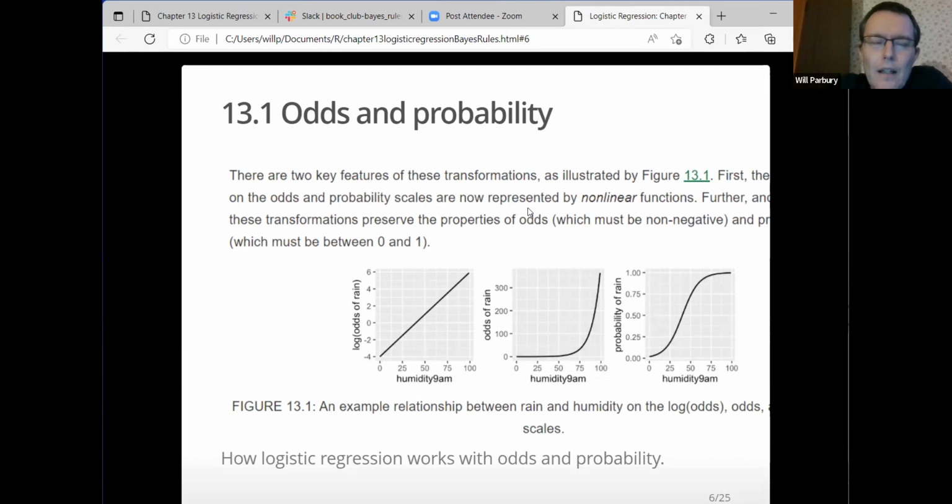I think deep down in the mathematics, it's still a linear model. So it does use the log odds as on the left there. But what we are seeing are non-linear functions, which are the ones in the center and the right there.